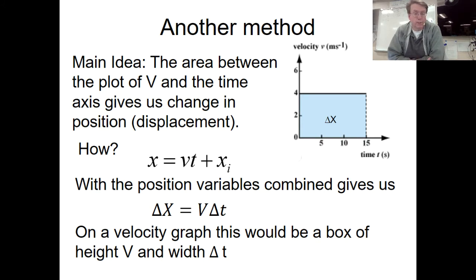So why an area? Well, if I was to take the motion equation that we have for constant velocity motion and move this xi over to the other side by doing a minus, it becomes position minus initial position. We can remove those two x's and replace it with just a delta x. Delta means final minus initial, so position minus initial position would be a delta position.